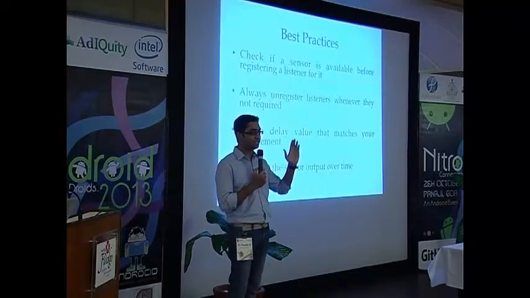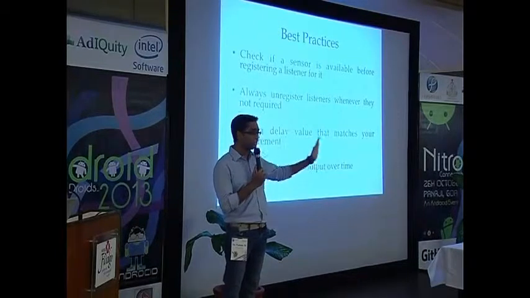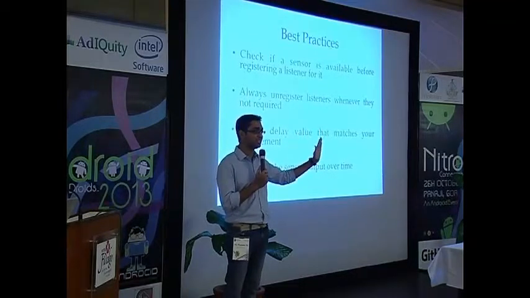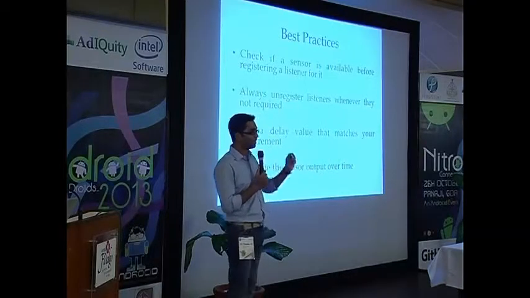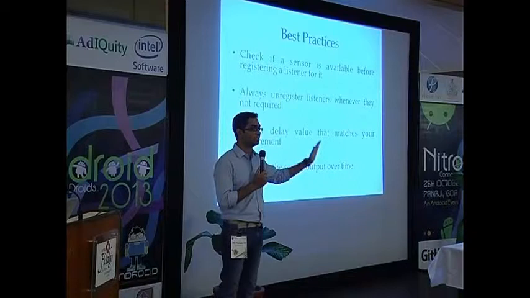If I'm moving my phone from this point to this point, between these two points you can get hundreds of sensor events. You don't need that. I need the first point and the second point to identify whether something has changed. So get the values, store them, and then over time decide what you need to do with it.